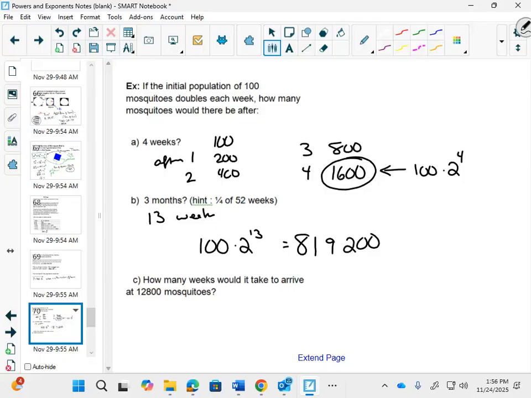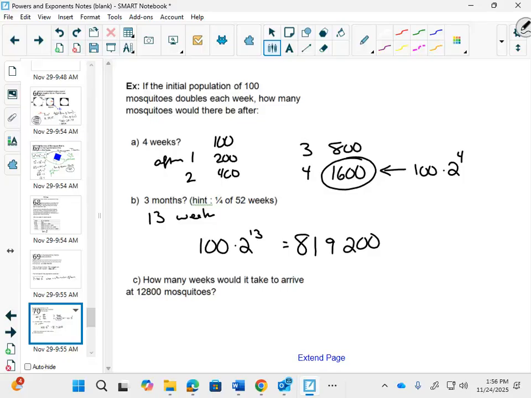How many weeks would it take to get to 12,800 mosquitoes? One thing we could do is just keep doubling. 5 weeks, you're at 3,200. 6, you're at 6,400. Instead of doubling it, is there an easier way?